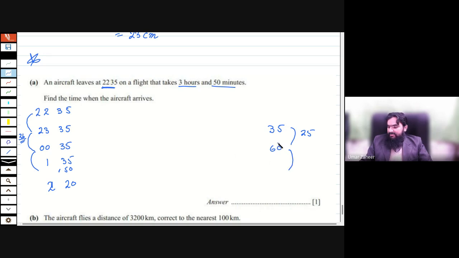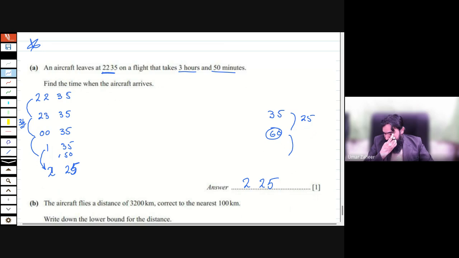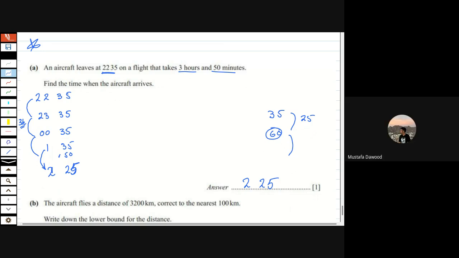So basically this 60 minutes becomes 1 hour, so I just move from 1 to 2, and it will be 25 minutes. The question says to find the time when the aircraft arrives. The time is 2:25. Yes, sir, it is clear.